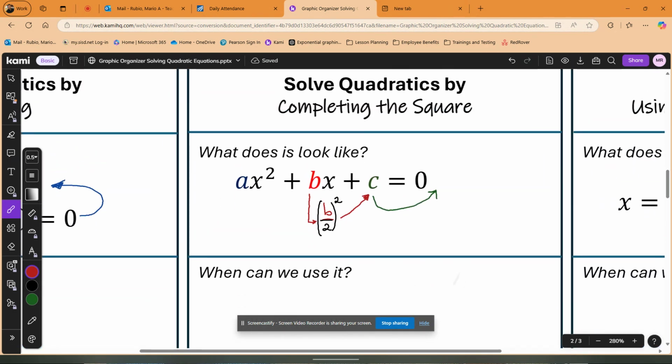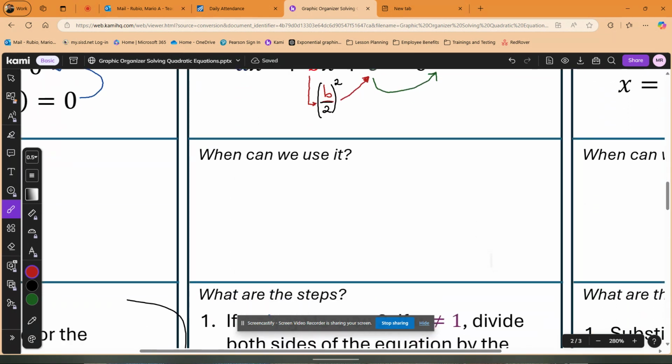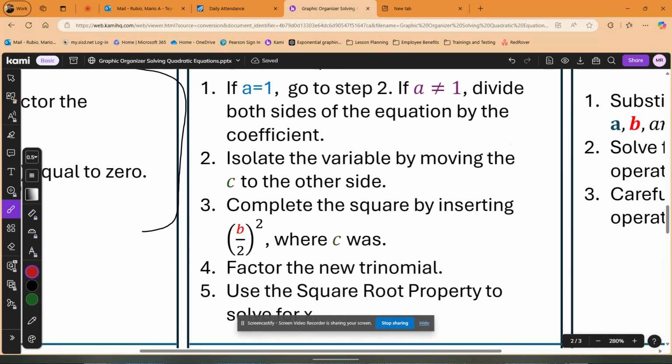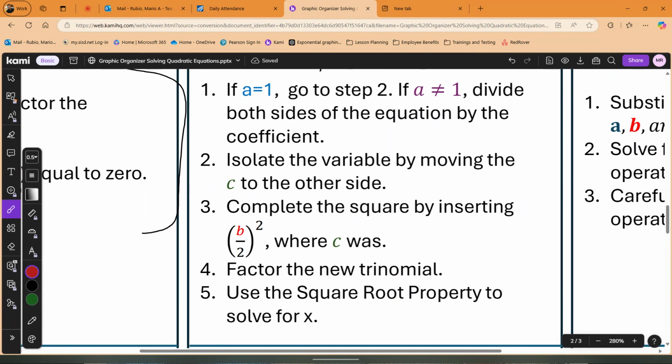What are the actual steps for completing the square? This is what I want you to write down in your graphic organizer. Number 1, if a is equal to 1, then you go to step 2. If a is not equal to 1, then you have to divide both sides of the equation by the coefficient. Then you isolate the variable by moving the c to the other side. Number 3 is what I showed you up there.